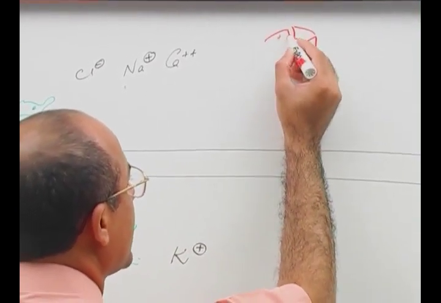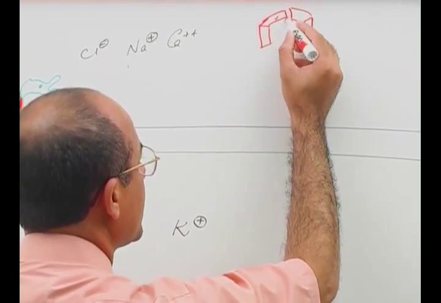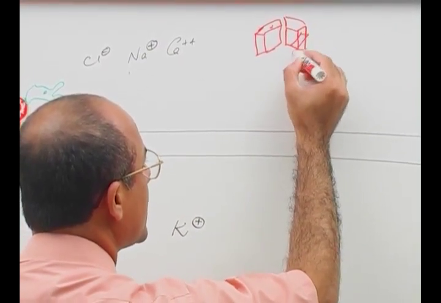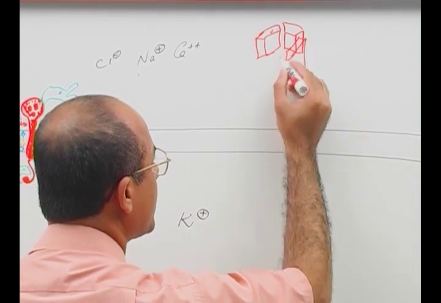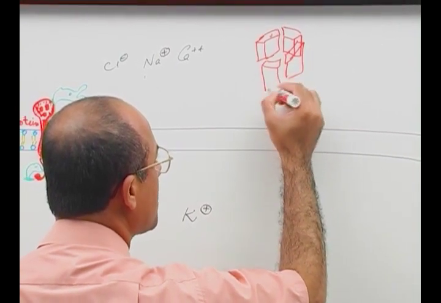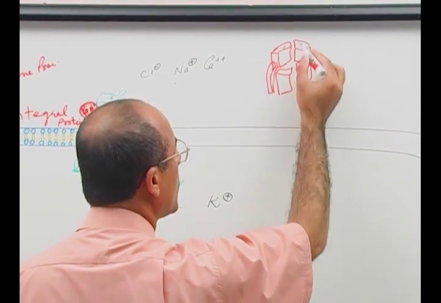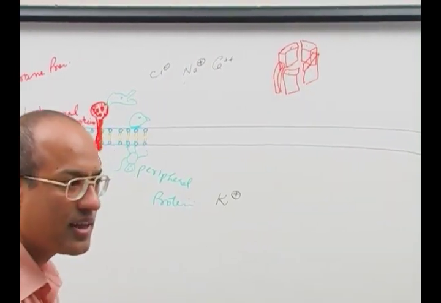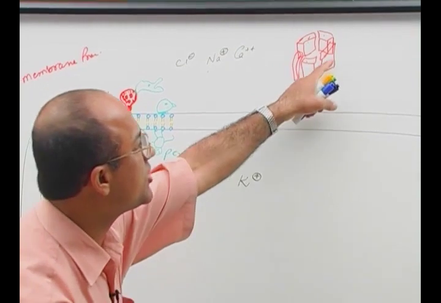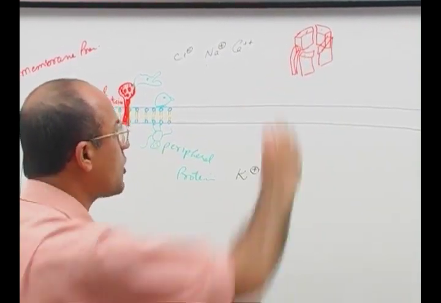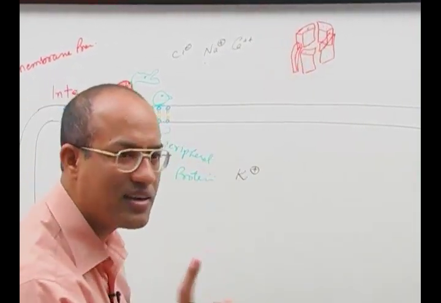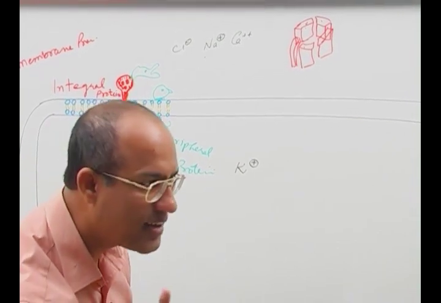Then I make another peptide chain here, then another, and in the end another peptide chain. How many peptide chains have I made here? 1, 2, 3, 4, 5. These are 5 amino acid chains or peptide chains. If you put them together, they will make a channel.